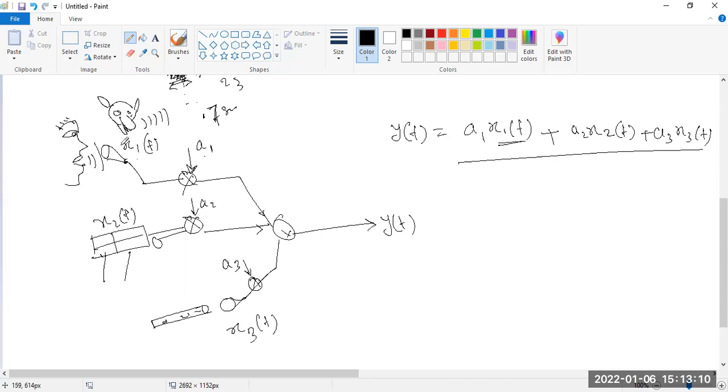This dog is creating some sound with this vocal. So another sound is coming, that is xn(t). This is a noise, because we don't want this dog sound. This unwanted sound is called noise, but it is mixing with this sound.